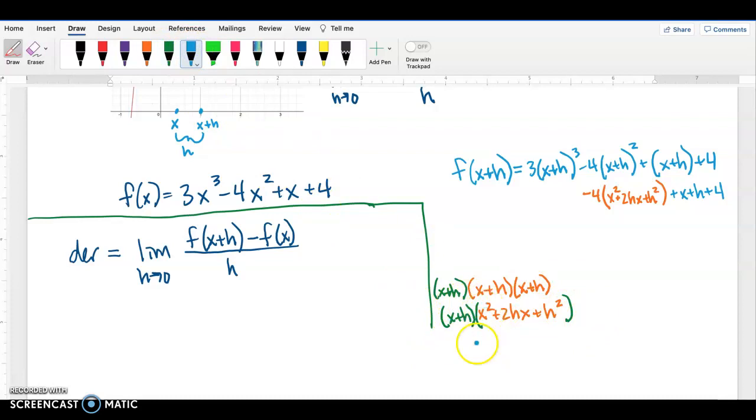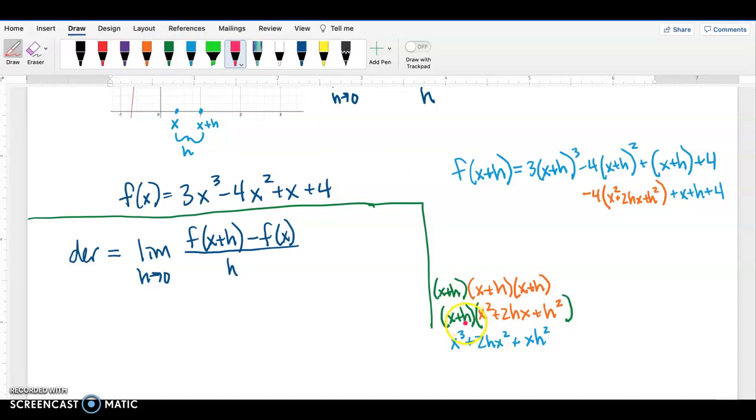Well, when I do x times x squared, I get x to the third. When I do x times 2xh, I get plus 2hx squared. And then x times h squared gives me plus xh squared. Okay, so I multiplied x by everything. Now let me multiply h by everything.